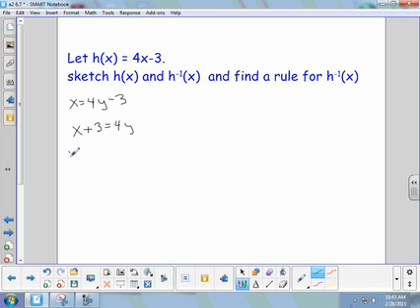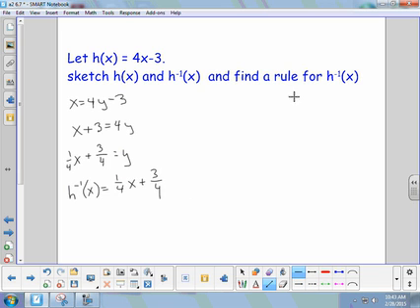Divide by 4. Then my rule would just be the inverse of h of x equals 1/4 x plus 3/4.